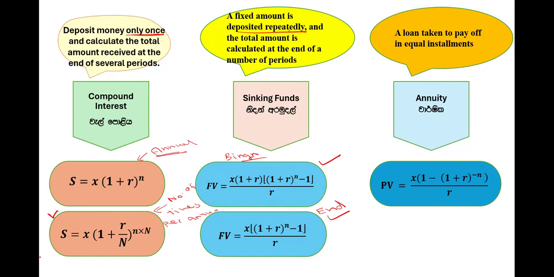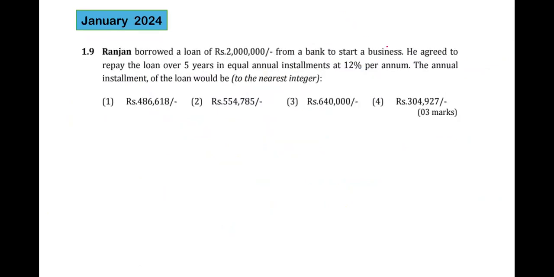Now, PV equals X times (1 minus 1 plus r to the power minus n) divided by r. Here, what is PV?